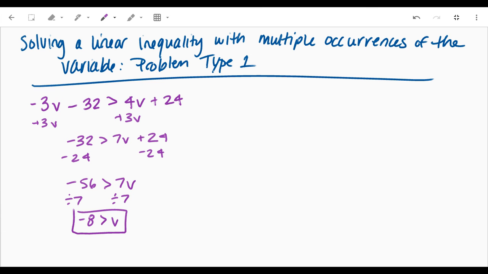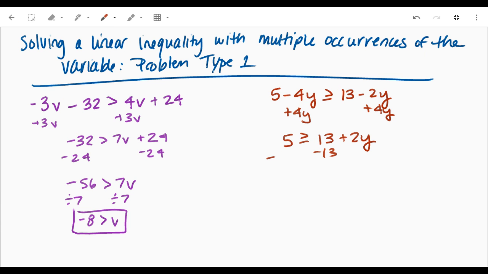I can give you another one there. We have 5 minus 4y greater than or equal to 13 minus 2y. Again, we usually want to keep the y's positive, so we'll add 4y to both sides. Otherwise, it's going to be negative, and you have to remember to switch the sign around again.